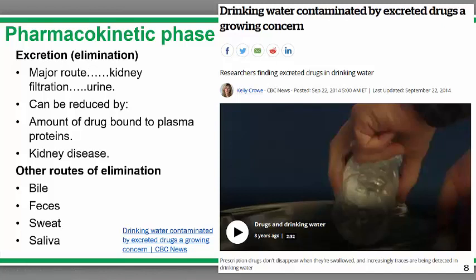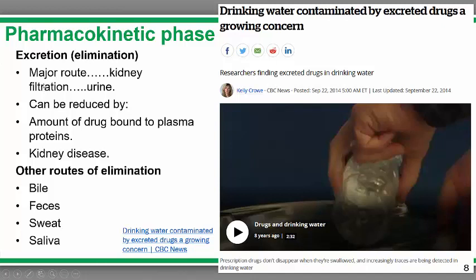The major route of elimination is through the kidney. One of the key functions of the kidney is to clean the blood, and in cleaning the blood, the kidney uses three fundamental mechanisms. The first of those mechanisms is called filtration.